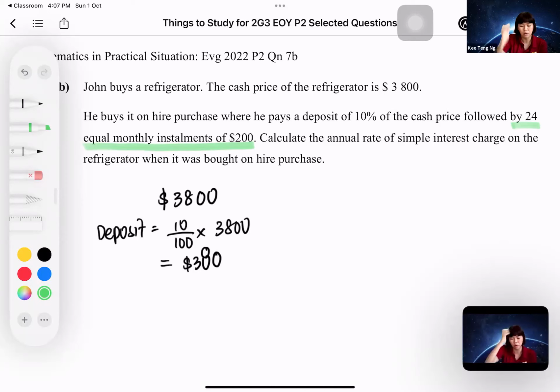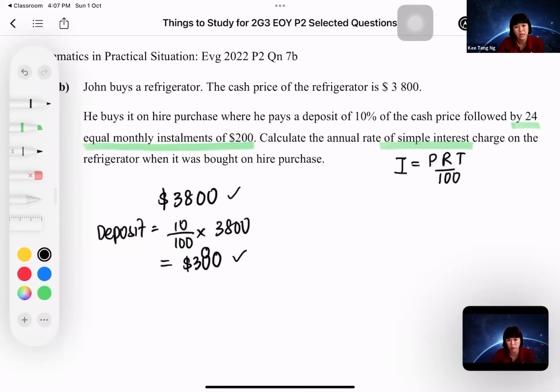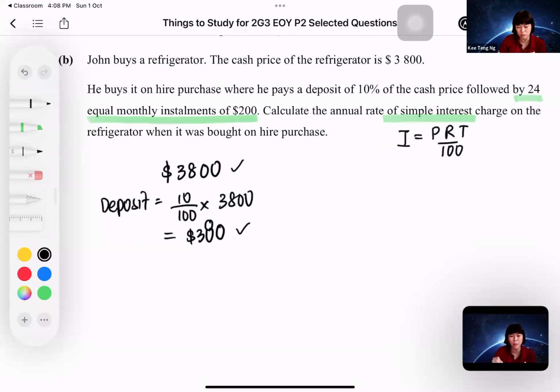Okay, what is this simple interest rate? Firstly, simple interest is given by the formula I equals PRT over 100. I is the interest, P is the principal amount. That means I need to calculate how much money I borrowed. This is my original price. I already paid $380. I need to find my balance, the remaining amount that I owe.